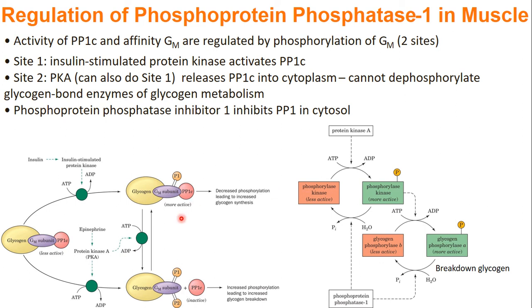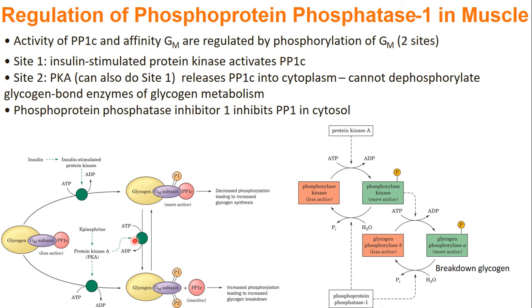Now, site 2 of GM can be phosphorylated by PKA, right? So protein kinase A, which starts our whole cascade here, can be turned on by many things. One of those can be epinephrine. So epinephrine can turn on protein kinase A. Protein kinase A can go and phosphorylate site 2. It can also phosphorylate site 1 as well.